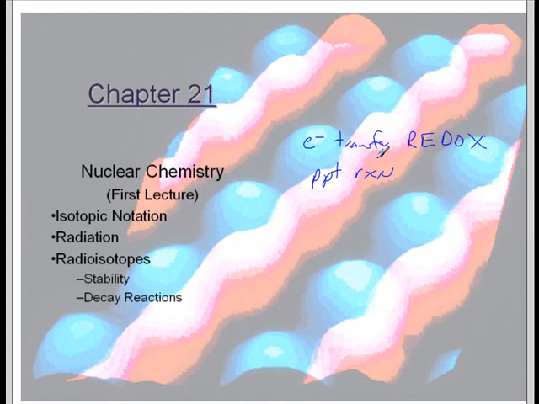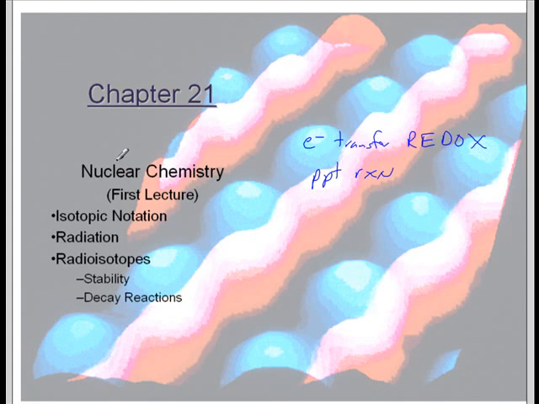In all these reactions we've seen up to this point, the electrons are what are involved in the change. They're either lost and gained or rearranged, or they cause attractive forces to occur.